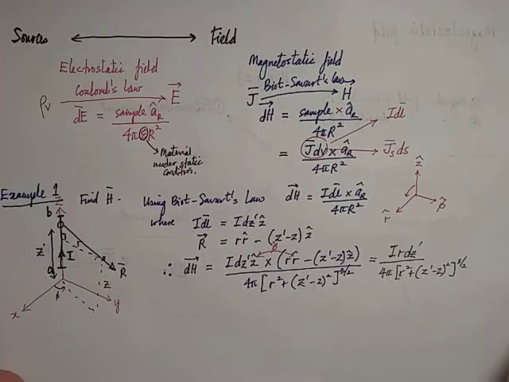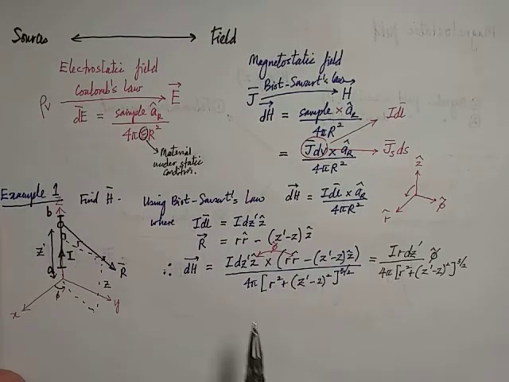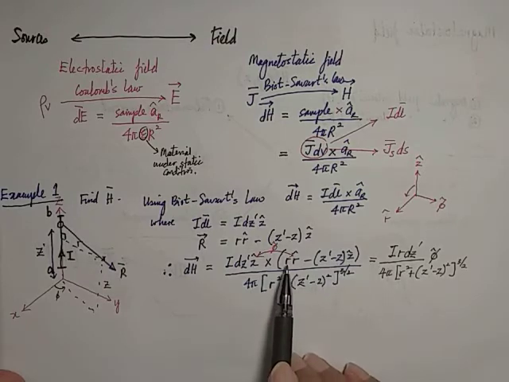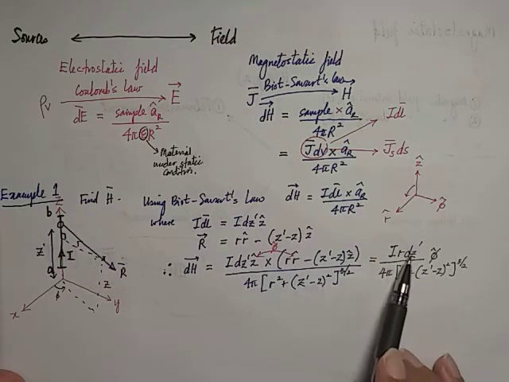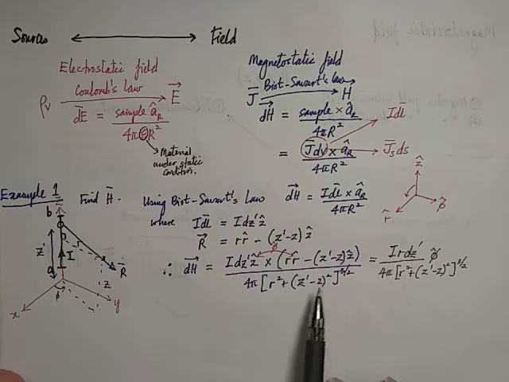Which direction? Yes, good, phi direction. So I r dz prime in the phi direction, divided by whatever appears at this part of the mathematics.